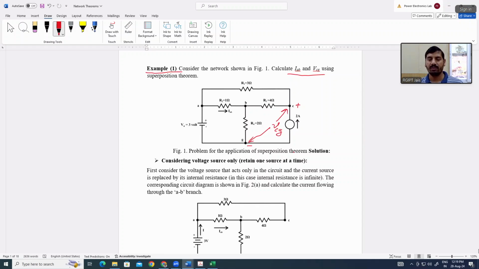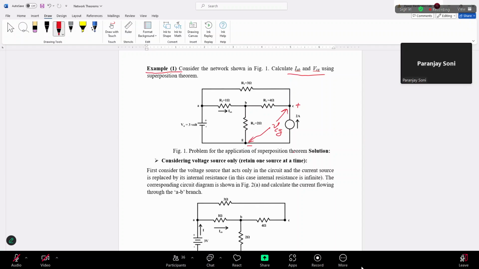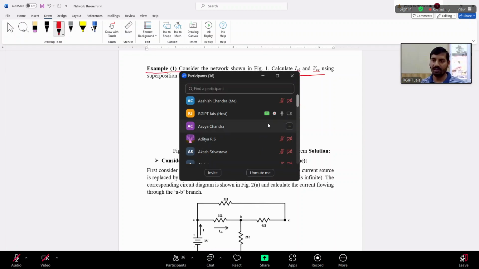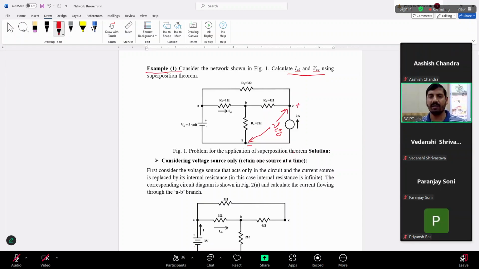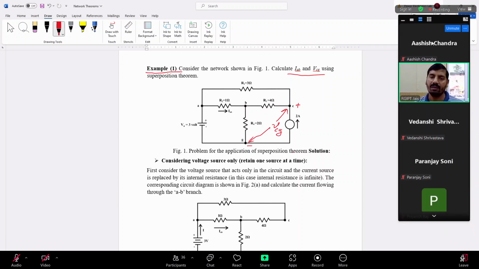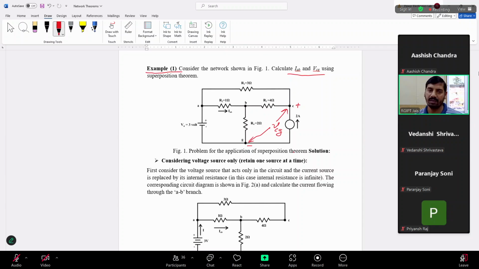Okay, so how many independent sources are there in the circuit? Two, yeah. One voltage source, another current source, right? For simplicity, we have taken only two sources in the circuit.